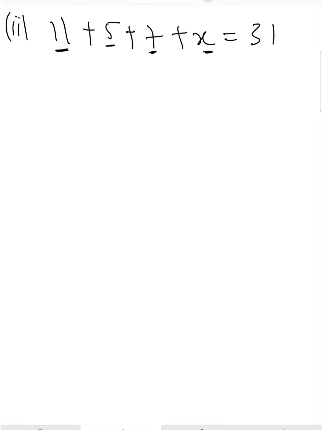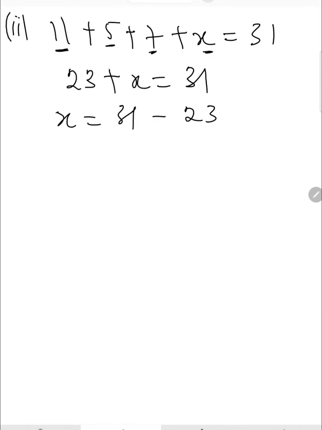Okay, so now we have 23 plus X is equal to 31. To make X the subject, we have X is equal to 31 minus 23, which will give us 8. So 31 minus 23 will give us 8. Okay.